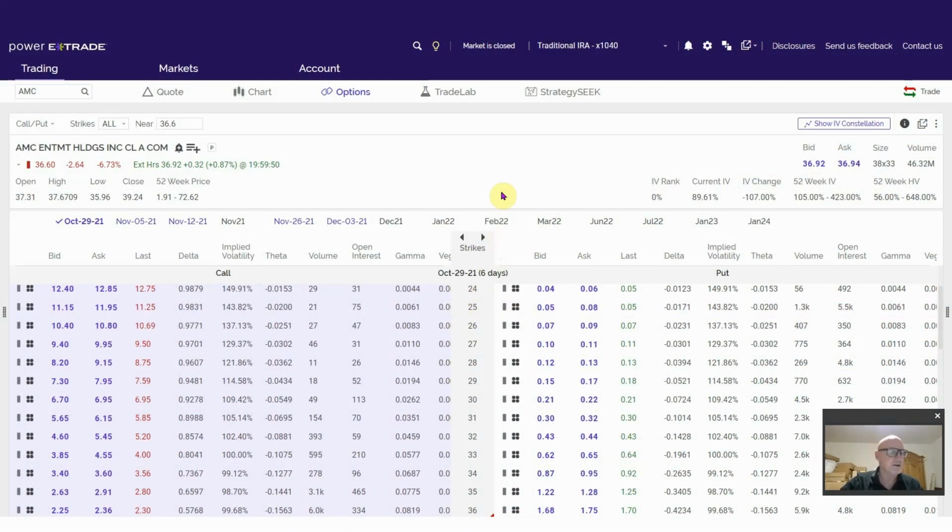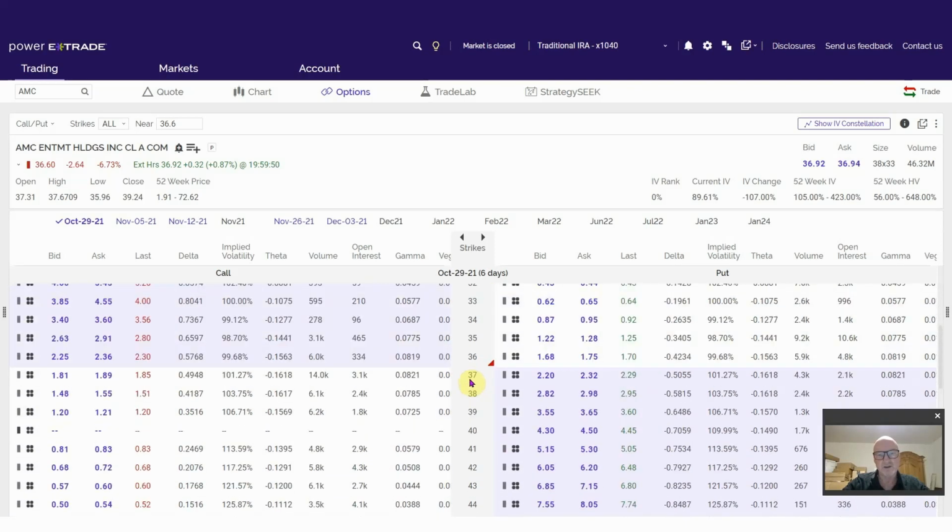Okay, I want to talk a little bit about getting a feel for the options chain. So I'm going to go through the options chain on E-Trade, but you should get comfortable with whatever platform you're working, and you need to just see how the options chains work. You see these color areas? So this means that here's the call column.